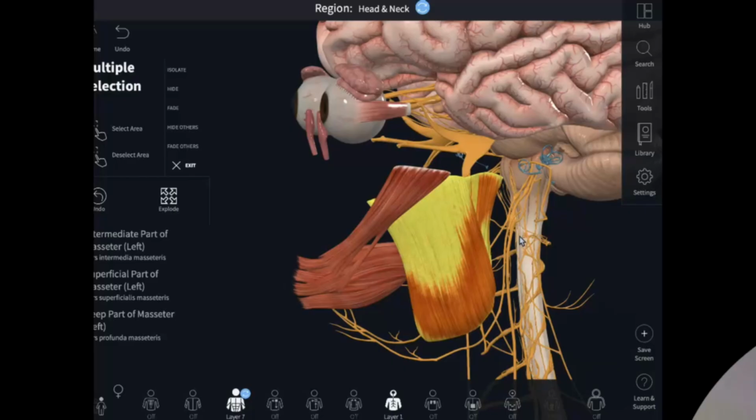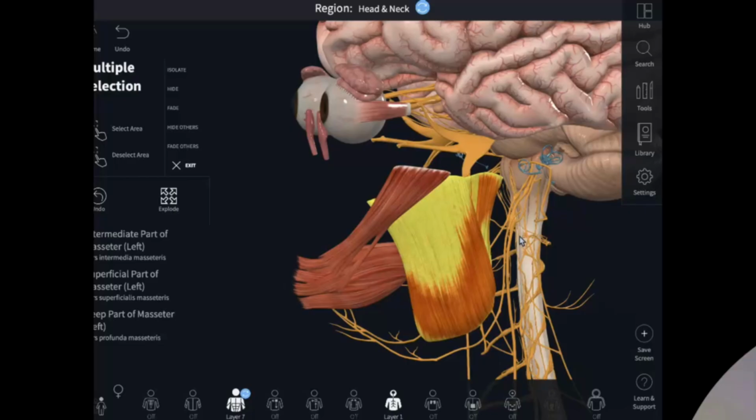And then the nerve that innervates this muscle is the masseteric nerve. The pathway for this is that the brain sends a signal to the motor nucleus of the trigeminal nerve in the pons, and then it gets sent to the V3, and then the muscle contracts.